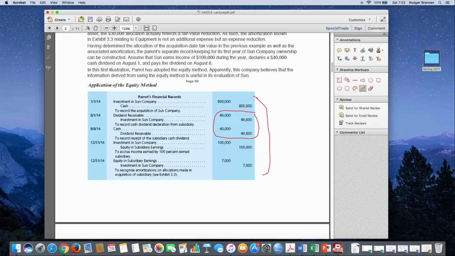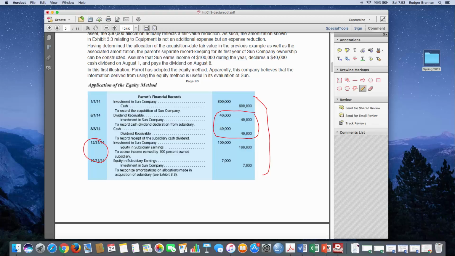Now, December 31, at the end of the year, when both companies have completed all of the adjustments to their financial statements, they have actually issued their financial statements. They're done. They're complete. So at that point, Sun has earned $100,000 of net income.